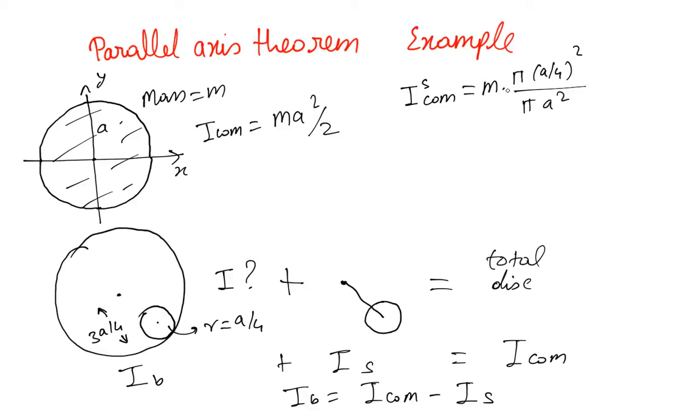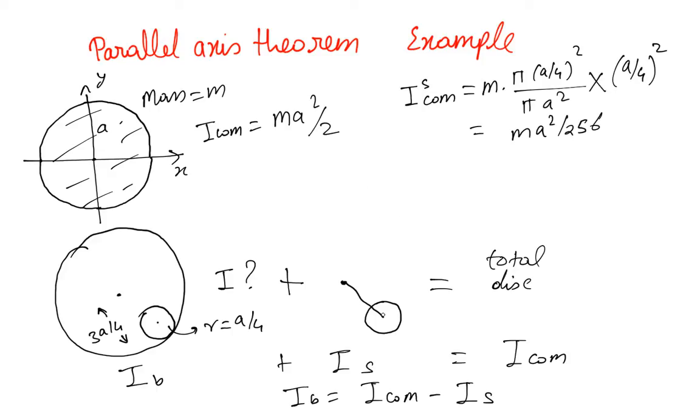You see, we have cut out a fraction of the mass, so the mass will be a fraction of the original, the area of the smaller disk divided by the total area. So that is the mass of the smaller disk multiplied by the radius squared, and the radius is a over 4, so that gives us a over 4 squared, which is 1 over 16, and that gives us ma squared over 256.